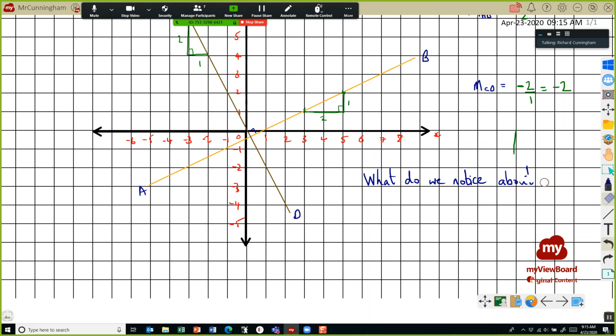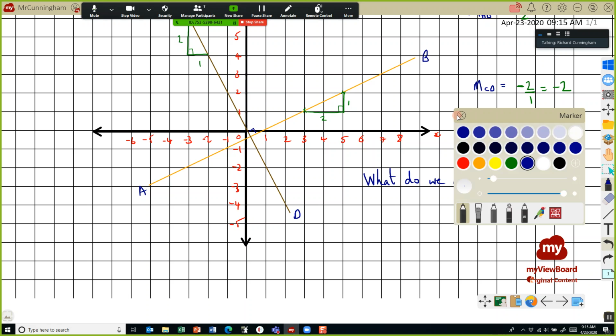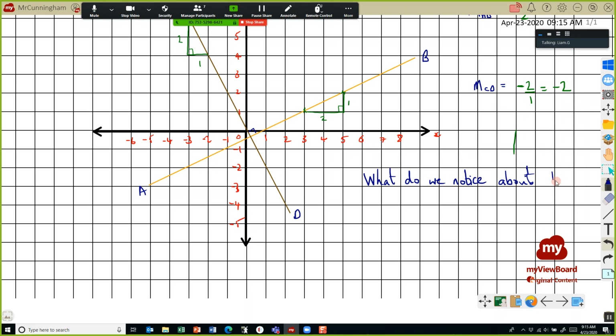Sorry, I just want to put this up so you have it. The gradients of perpendicular lines. Okay, so we said if one is positive, the other is negative, and I should really say, and vice versa.